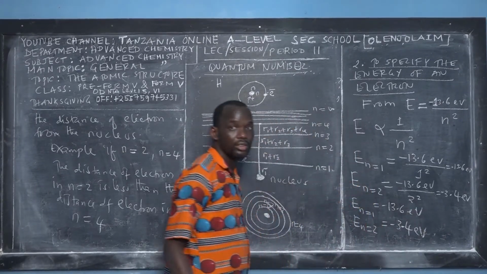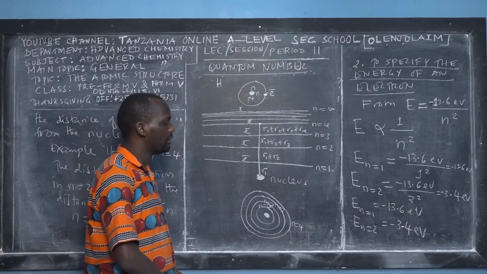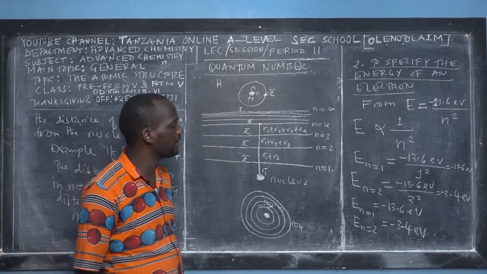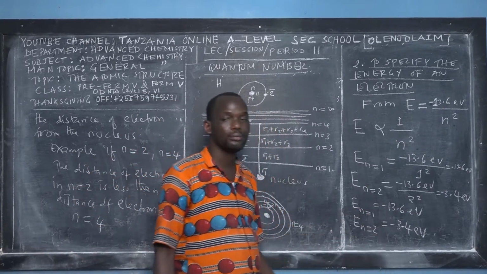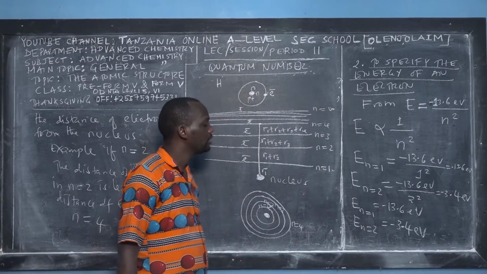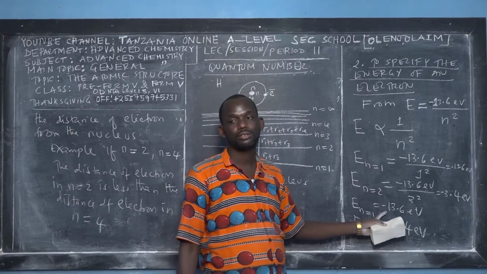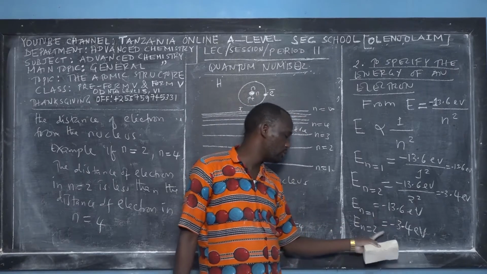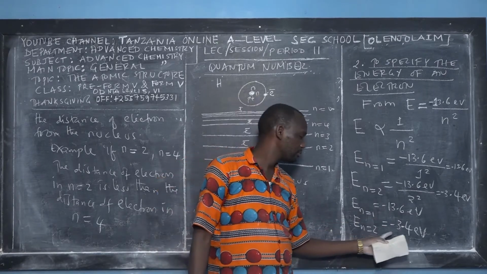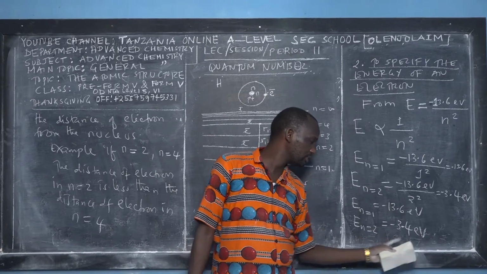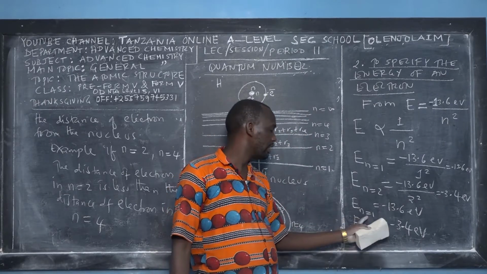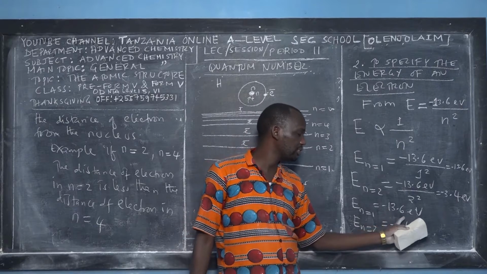If you ignore the negative sign, you find that this is higher than that one. But if you consider the negative sign, you find that negative 3.4 electron volt, when n is equal to 2, is higher than negative 13.6 electron volt, when n is equal to 1.